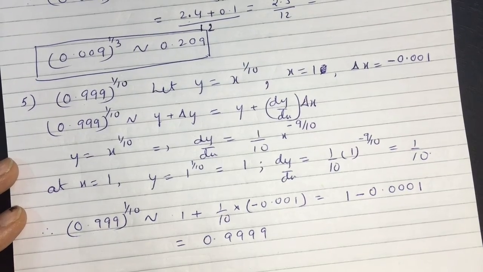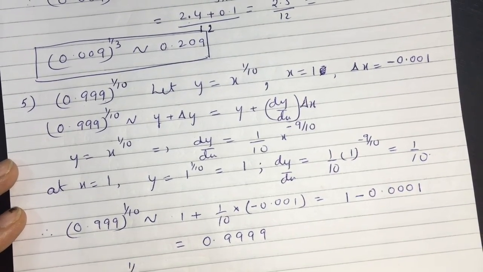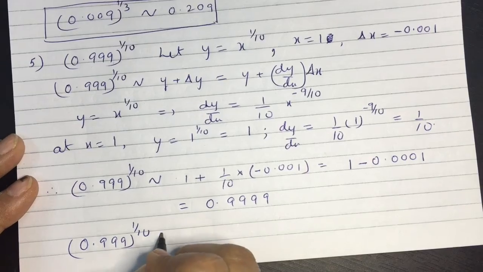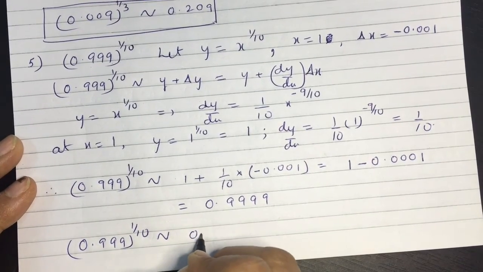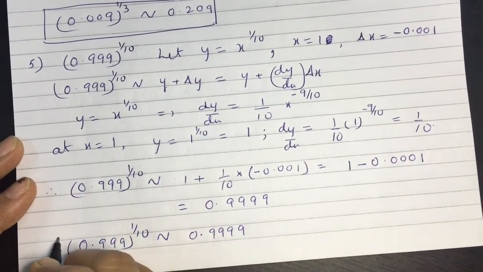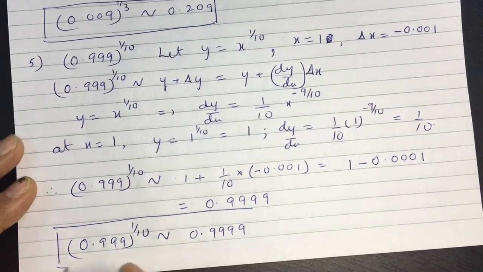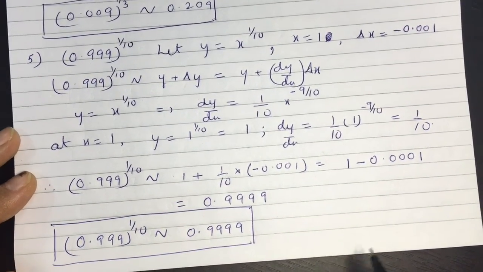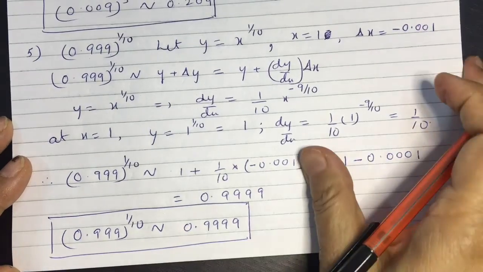So approximate value of the 10th root of this is equal to 0.9999. This way you can try the remaining parts of question number 1. Thank you.